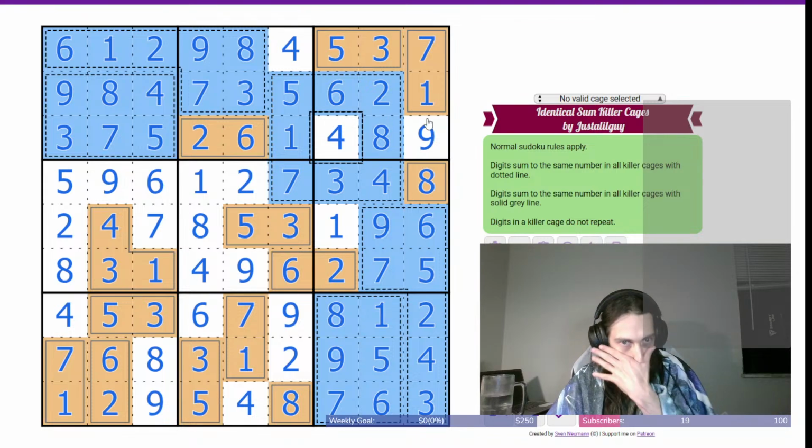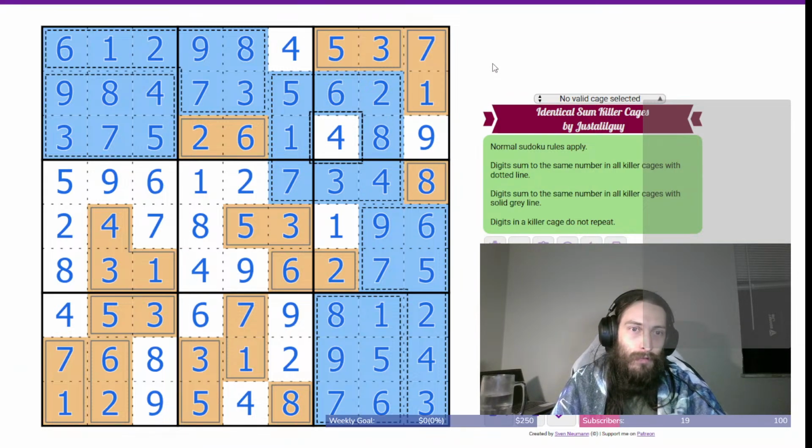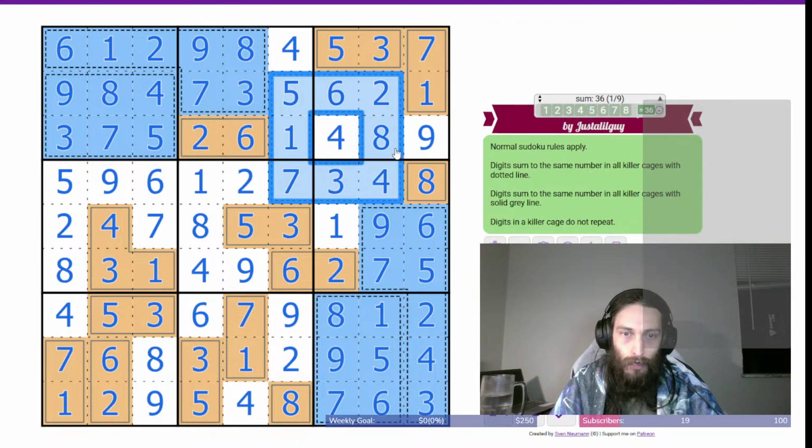It felt a lot harder than it should have been. Although we did stare at it for a long time without getting anywhere. Yeah. It took us a long time to figure out that the missing digit from the ring could not be the same as the sum for orange, because it would have to end up in this shape. Right.